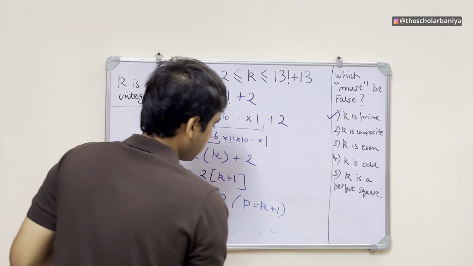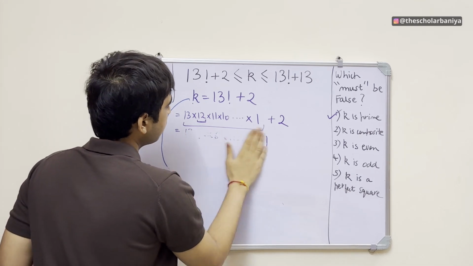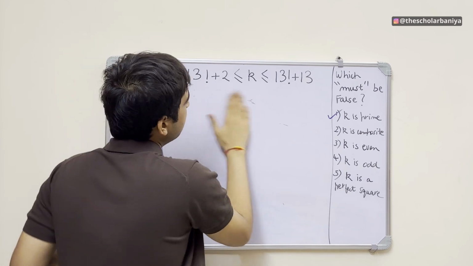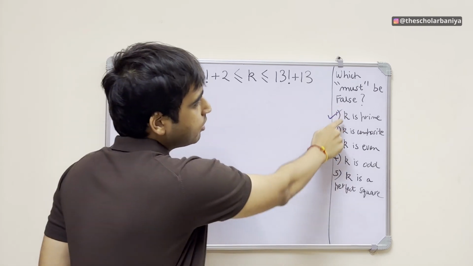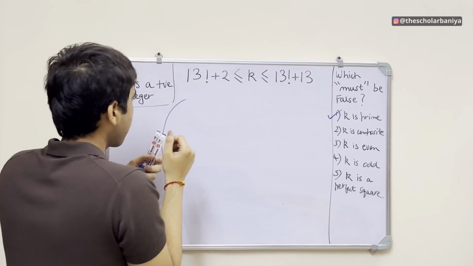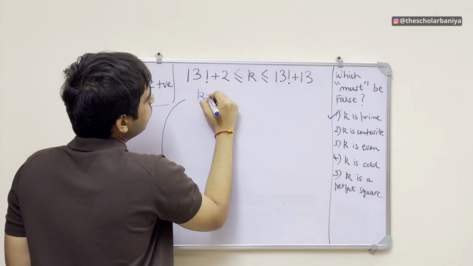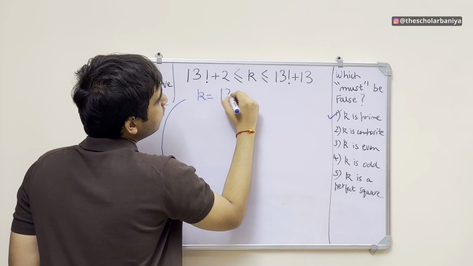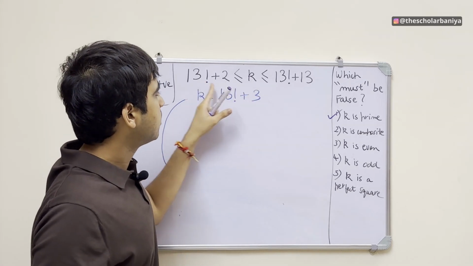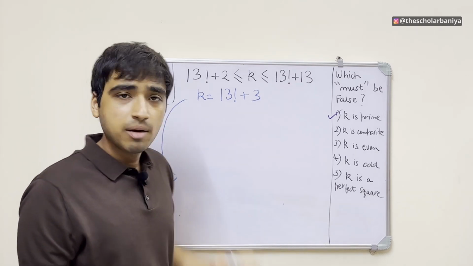Now let me talk about another case, because in order to tick must, we have to satisfy all of them, right? Now let's suppose I take k equal to 13 factorial plus 3. So the first number is 13 factorial plus 2, then 13 factorial plus 3, plus 4, plus 5, plus 6 up till plus 13.